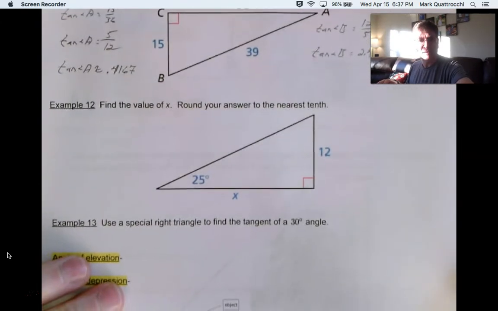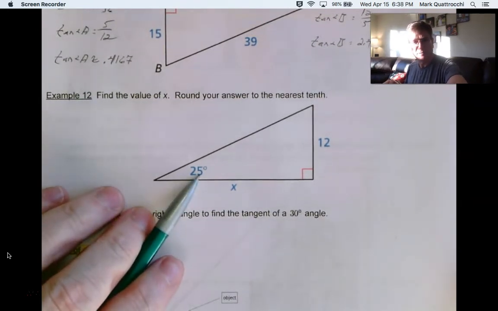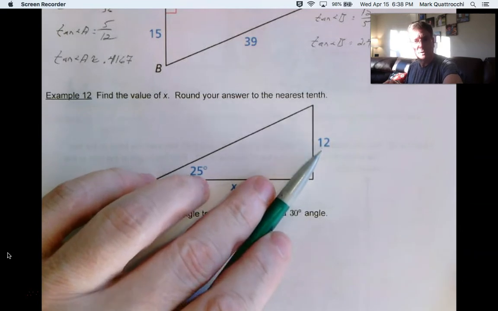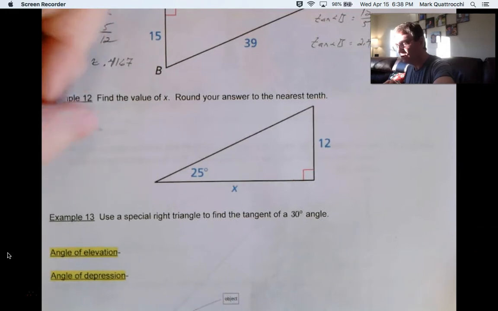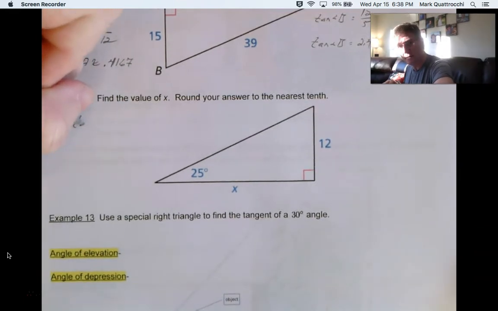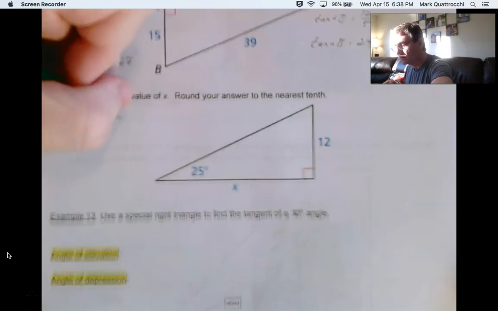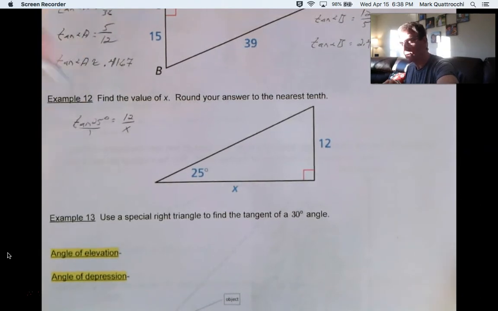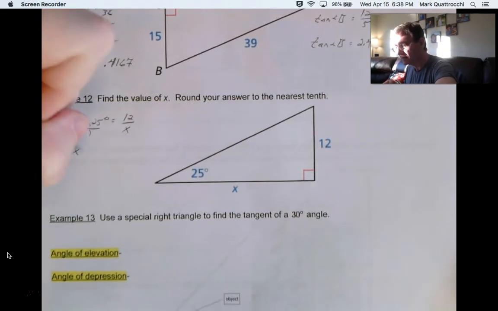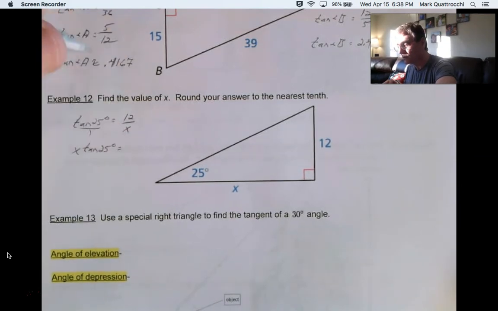12. Find the value of x. We're here at the 25 degrees. We know the 12. We're looking for the x. Opposite, adjacent, tangent. Tan 25 degrees equals 12 over x. Let's get the algebra correct. Cross multiply. X tan 25 degrees equals 12.